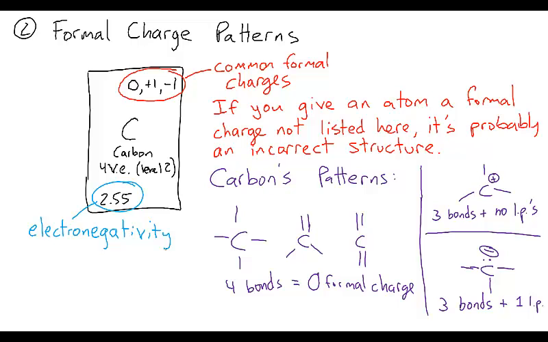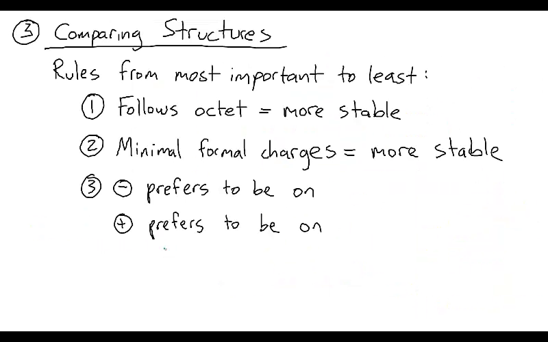So if we think about where our formal charges are in atoms, would a negative charge like to be with something that pulls on electrons or something that doesn't? Well, what kind of charge do electrons have? Negative. So more electronegative atoms are going to pull the negative charge towards themselves.